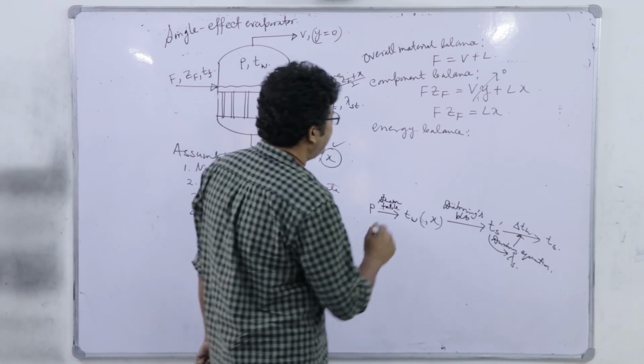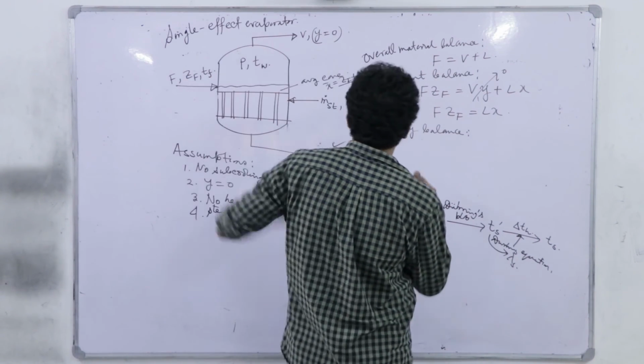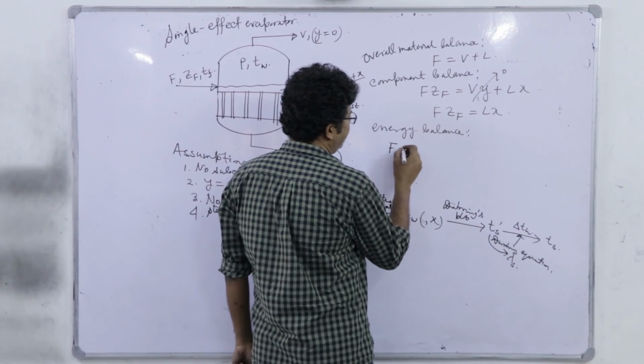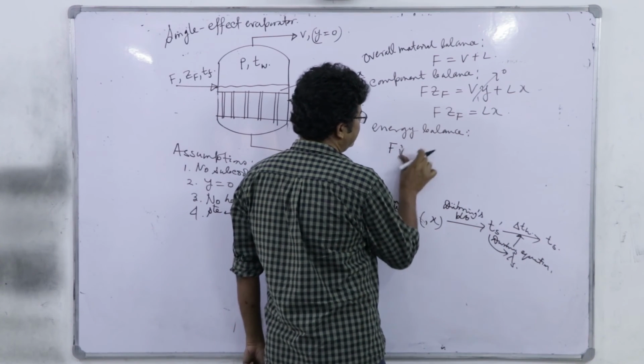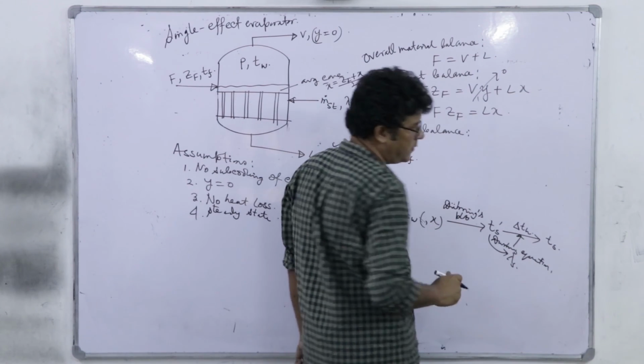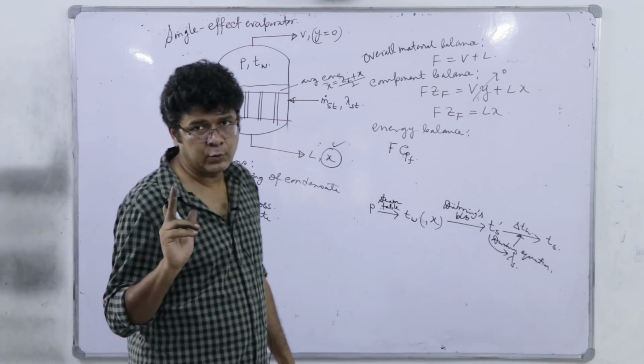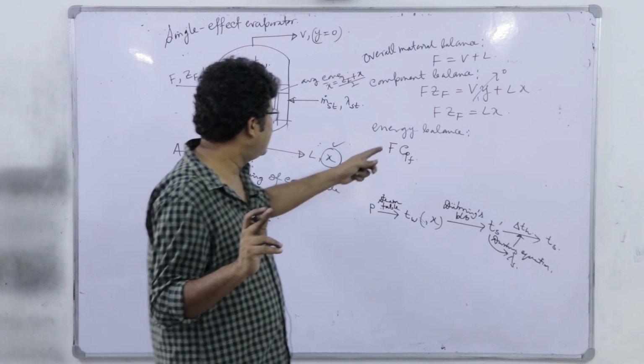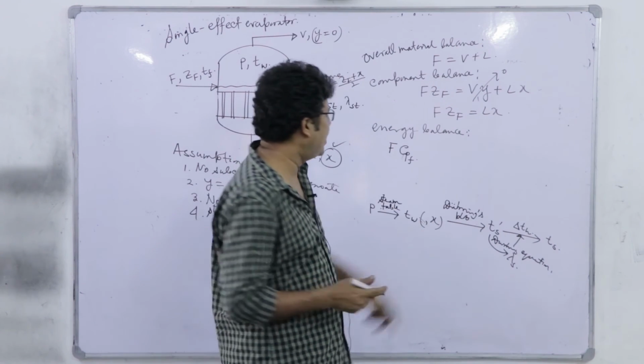So, next the energy balance, you see there are two heat loads. First the feed is to be heated, Cpf is the specific heat of the feed and which we know how to calculate, right. So, feed is to be heated to the boiling point.